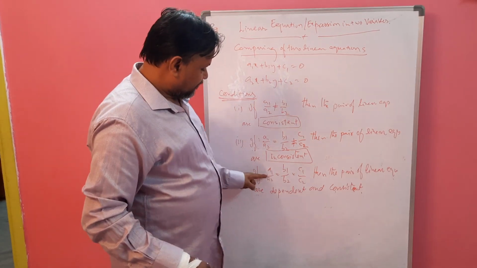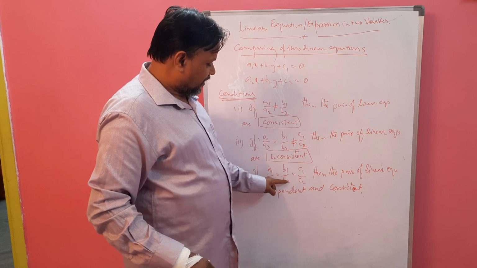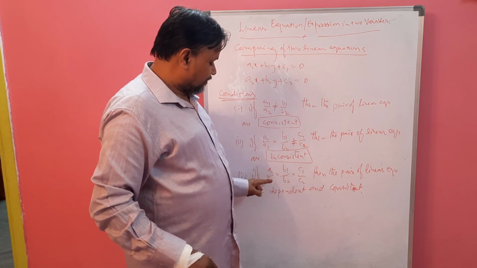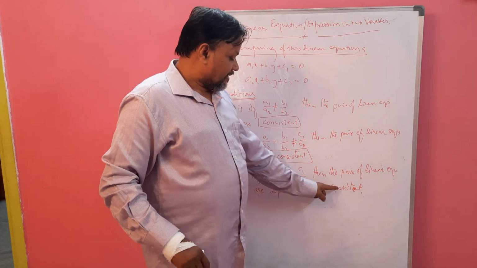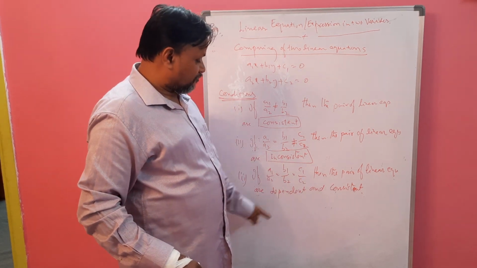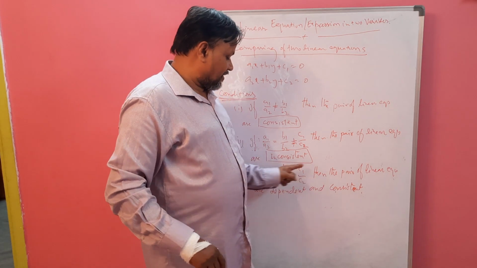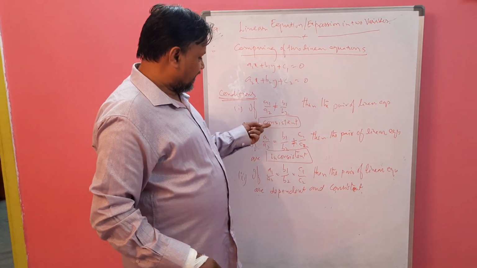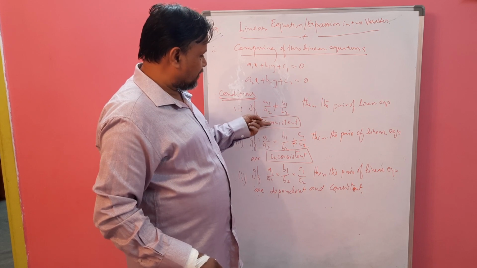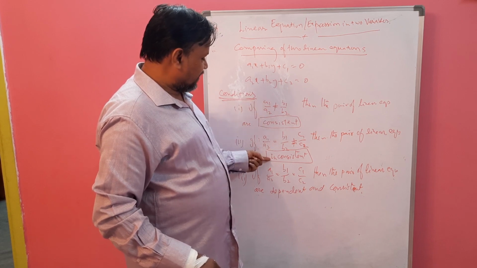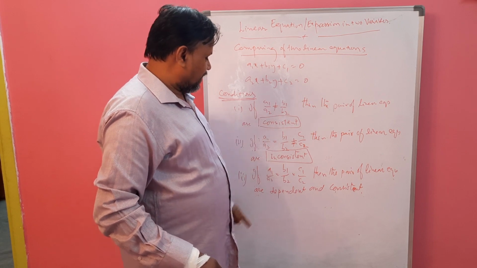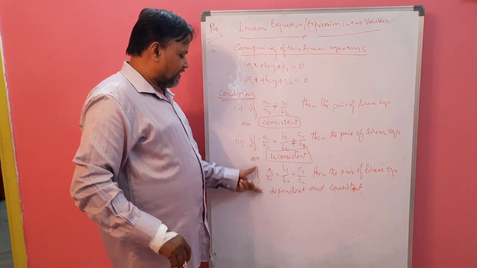We can solve these equations, but the values depend on each other. Consistent means we get a solution, dependent means the values depend on each other, and inconsistent means we cannot get a solution. So we have three conditions.